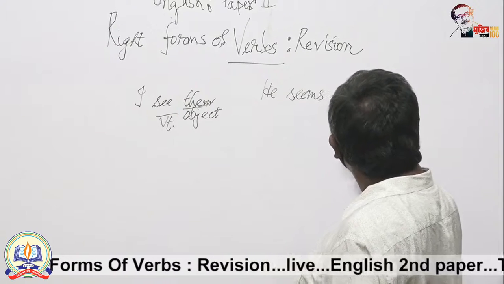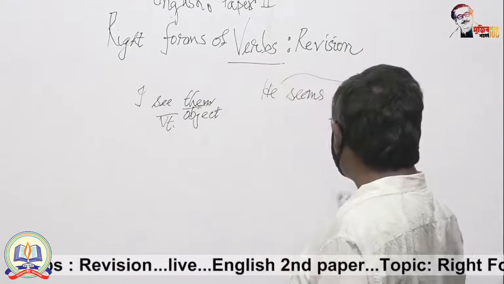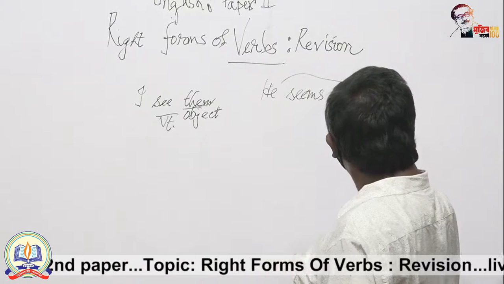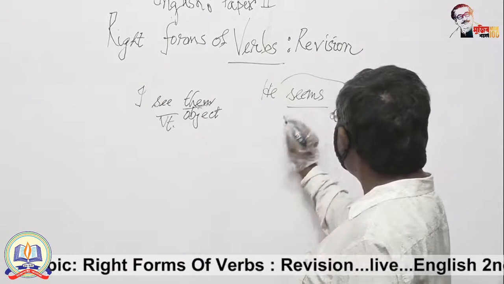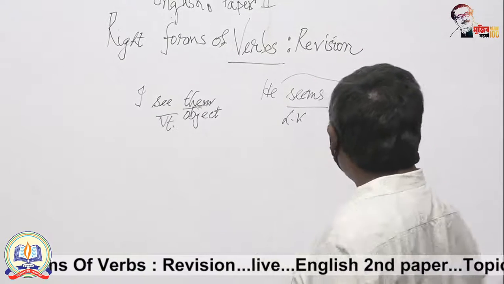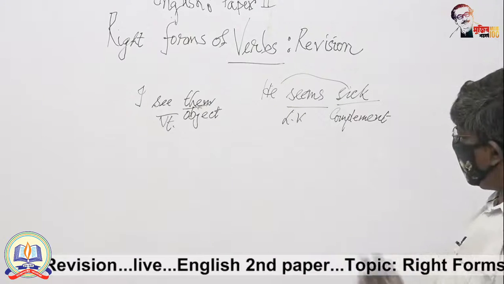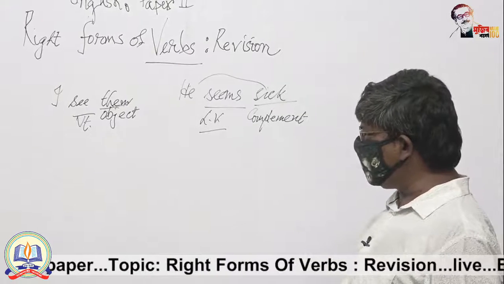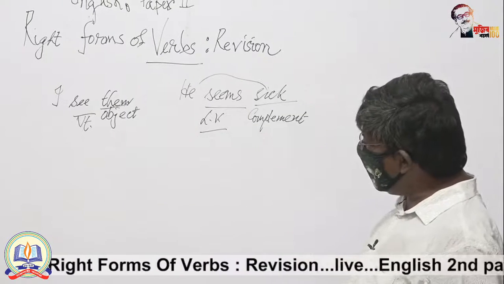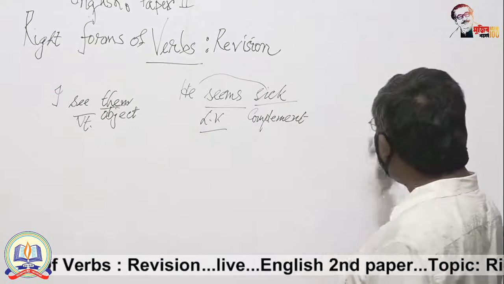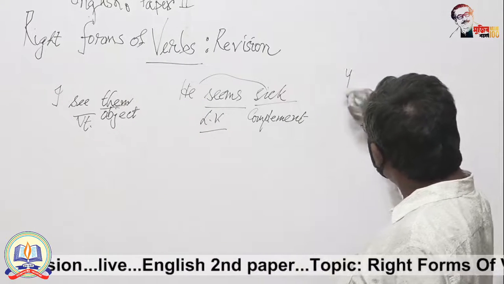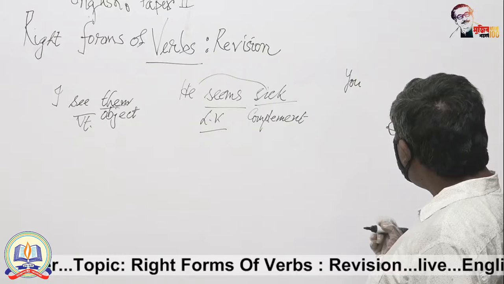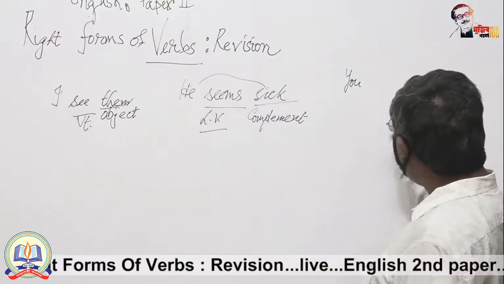This sick is a complement because it refers to the subject. And seems is a linking verb. The verb followed by a complement is called linking verb. The verb followed by an object is called a transitive verb, and a verb followed by an adverb is called intransitive verb.